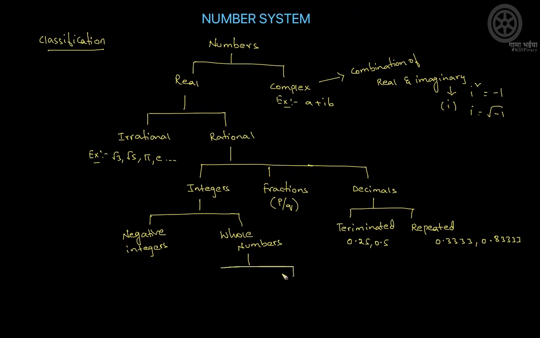Again, whole numbers are further divided into 0 and natural numbers, right? What are the natural numbers? 1, 2, 3, 4, and so on, right?